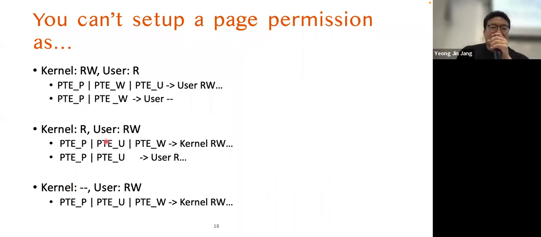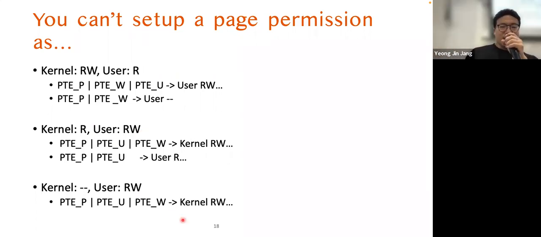But we can actually set this kind of memory permission setup, and to do that, we need to have a different virtual address. With the current permission flags, there are conflicting permissions like this, because we cannot enable kernel read-only while allowing user read-write.